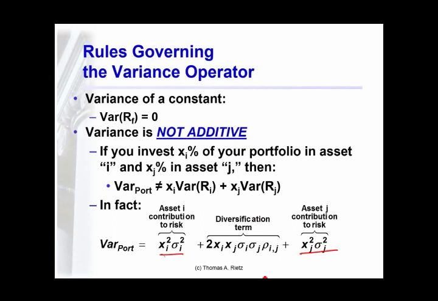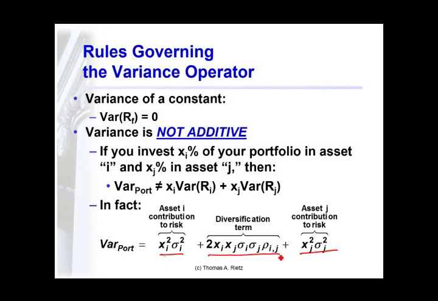In addition to the individual contributions to risk, there's what we call a diversification term in here. The diversification term reflects the tendency for the two investments to move in the same direction at the same time through the correlation, the relative size of typical moves through the two standard deviations, and the amount you have invested.